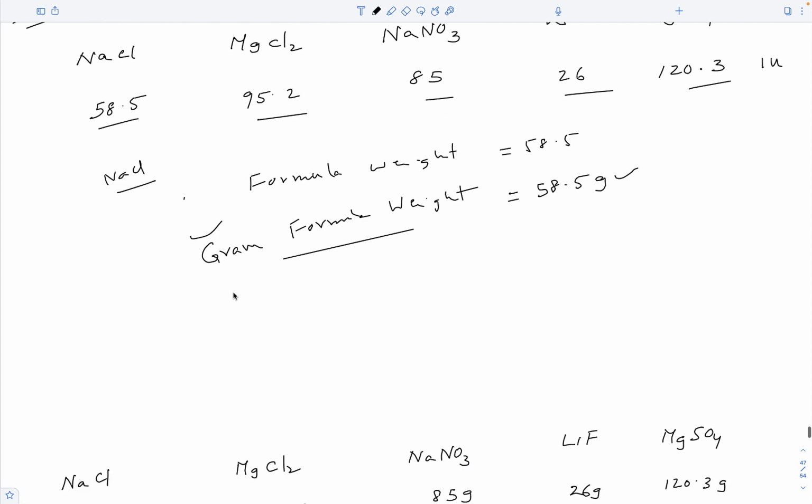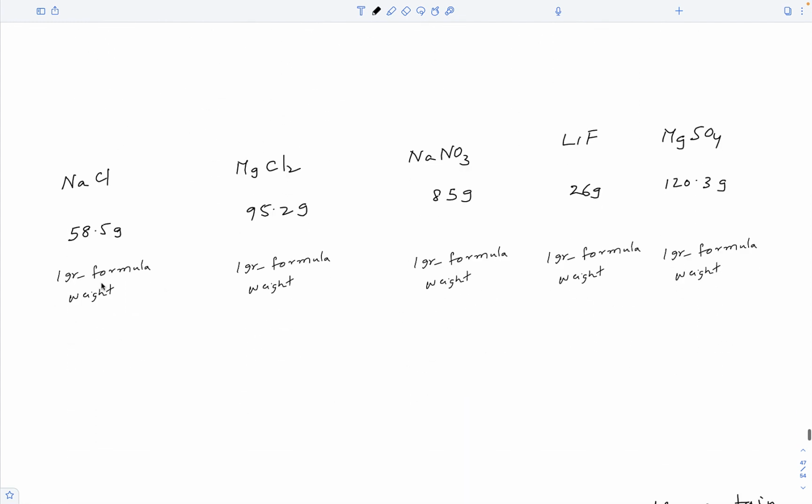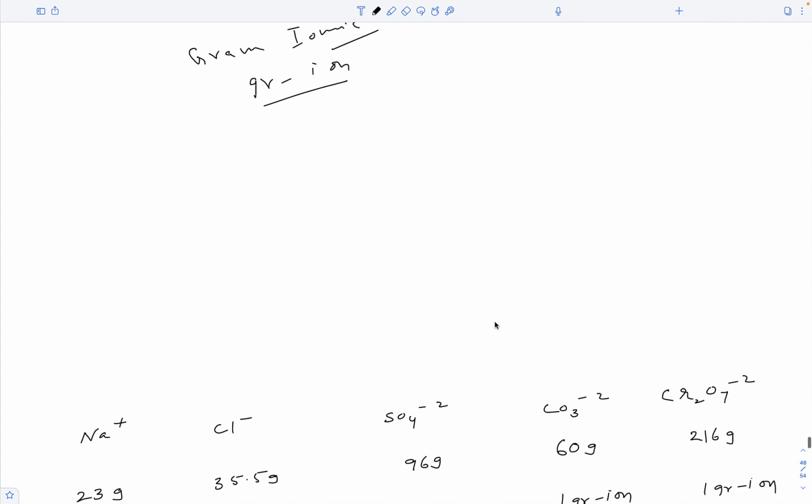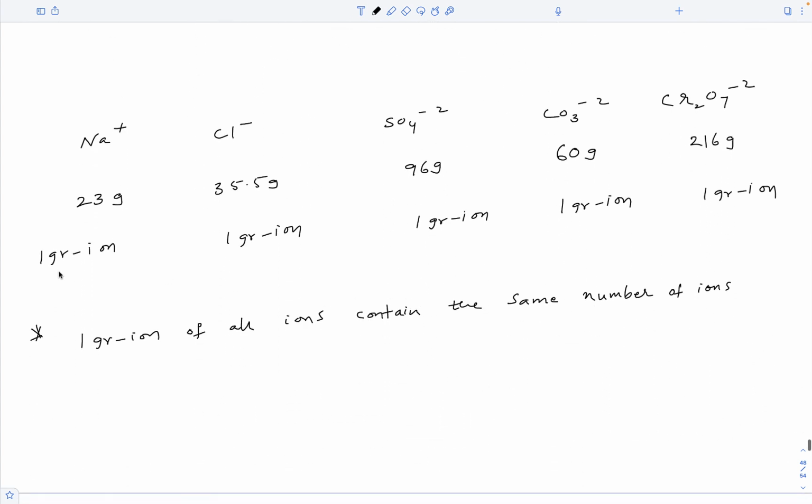Similarly, let us consider 1 gram formula weight of different ionic compounds. We can say the same. 1 gram formula weight of all ionic compounds contain the same number of formula units. Similarly, if you take 1 gram ion of different ions, they will all contain the same number of ions.